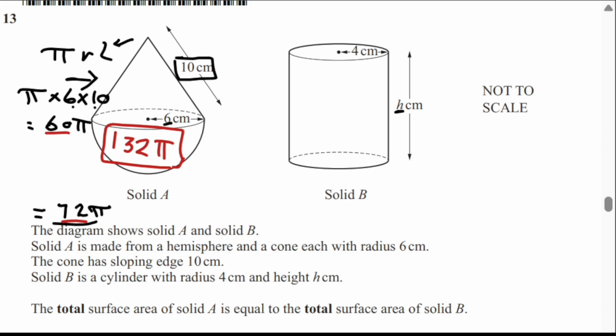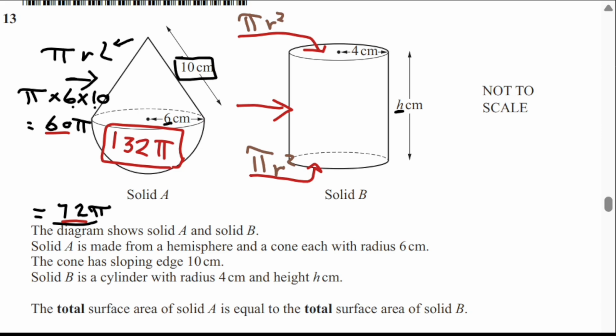Now let's look at solid B. It consists of a curved area here plus a circle area up there and a circle area down here. So let's find these three areas. The areas of the circle up and down are equal, so we have two circles. This is pi r squared and this is pi r squared, so both of them are equal.